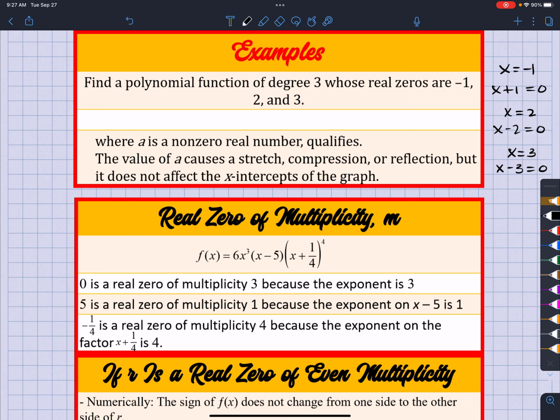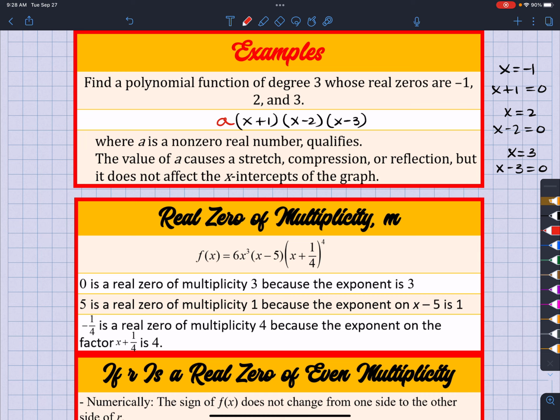If that's the case, then I can write factors of x minus 3, x minus 2, and x plus 1. If I multiply those together, I will have a third degree polynomial. However, the only thing that's missing is an A, because the A always needs to be there.